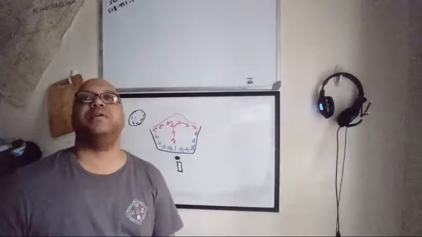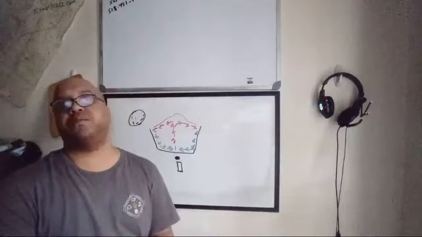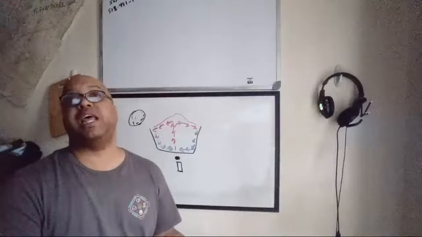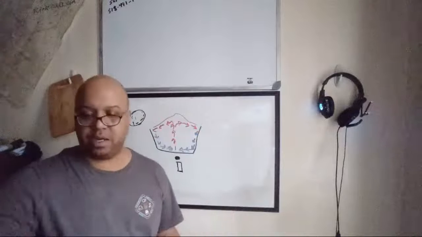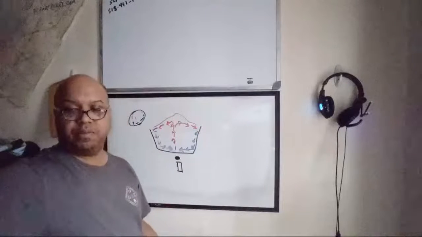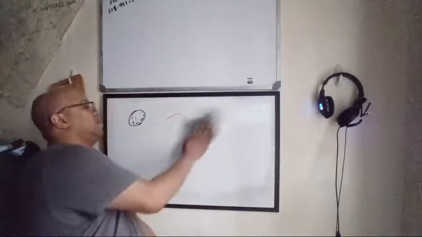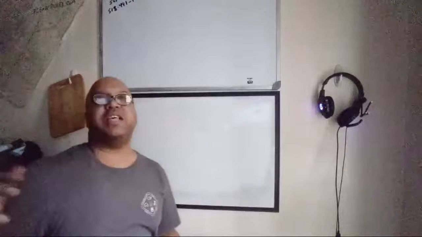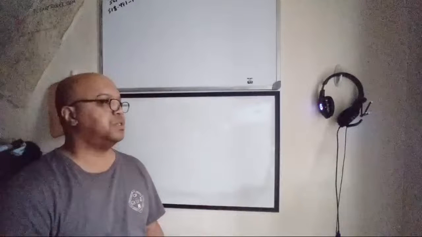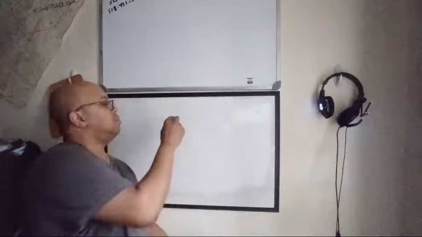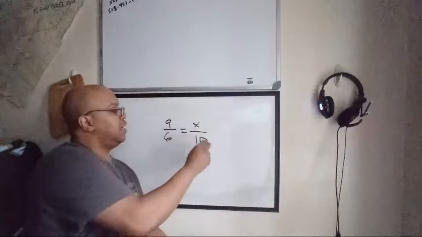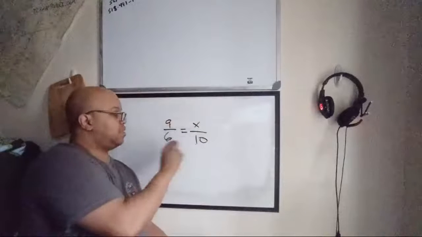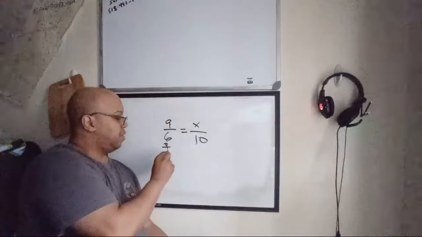It's labeled number 3. You have 9/6 equaling x over 10. Okay. This is how we see proportions. 9/6 equals x over 10. Now, this times this divided by this will get us our answer.